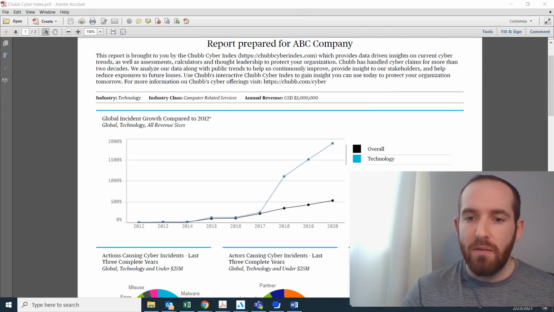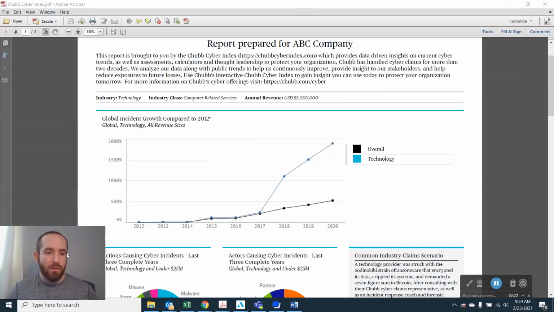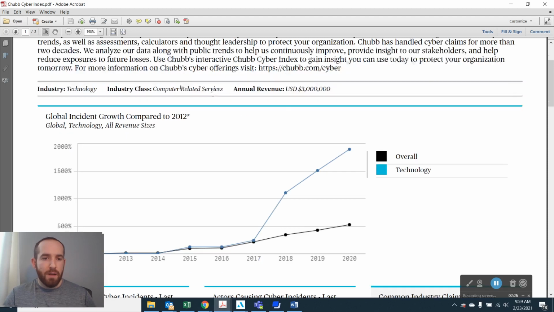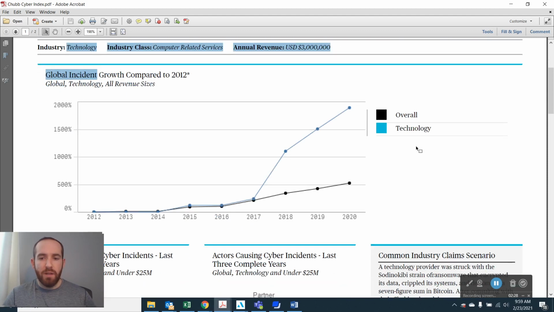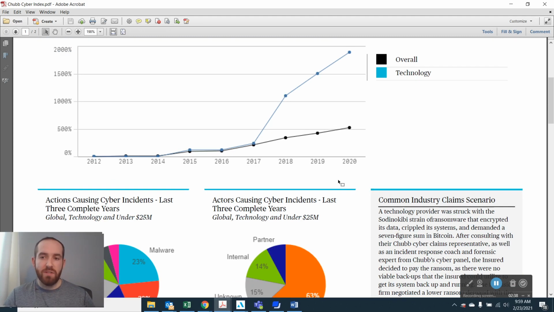So I did pull the report here, and we'll look at this briefly. It tells you the parameters you put in. Technology is outpacing the overall all-industries growth in terms of data breaches, which makes sense.